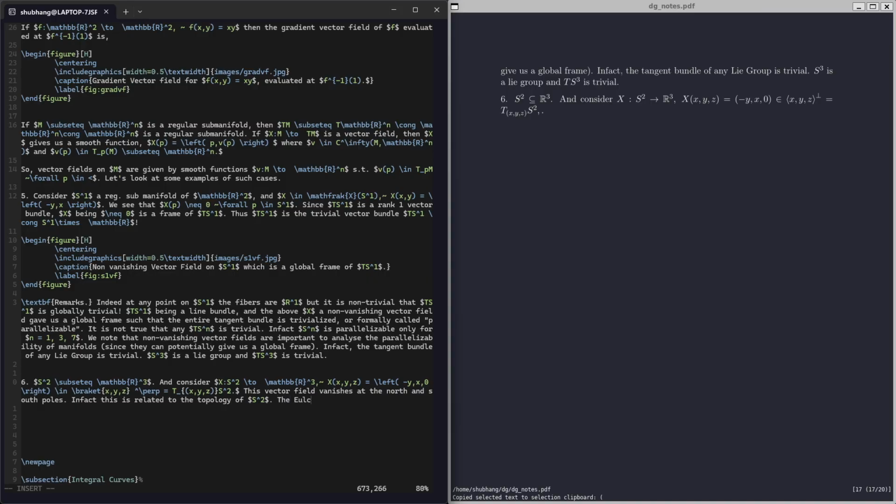The Euler characteristic of S2 equals 2.